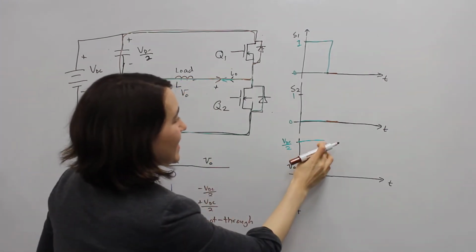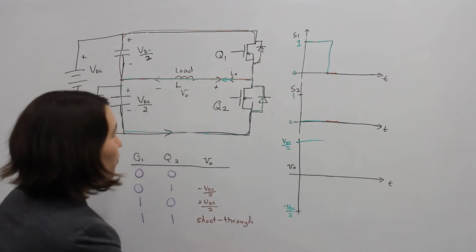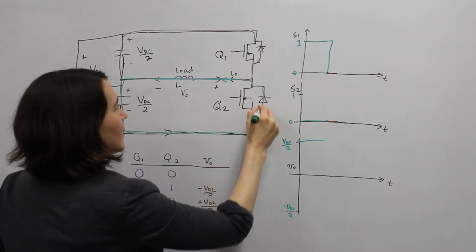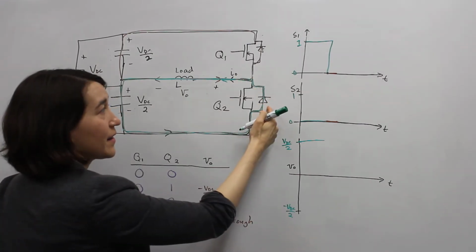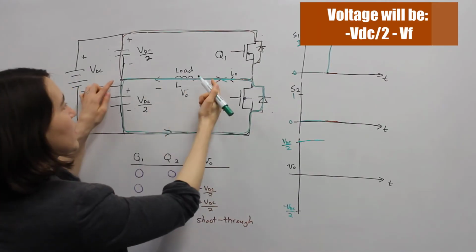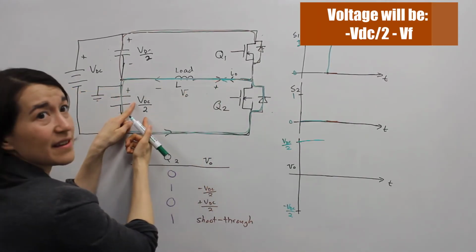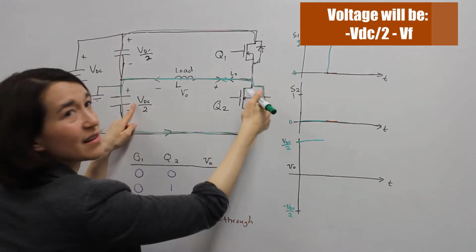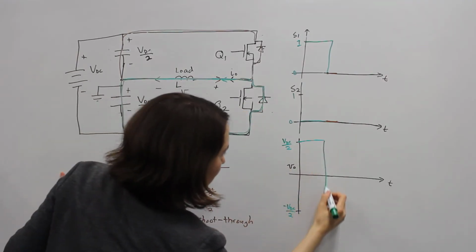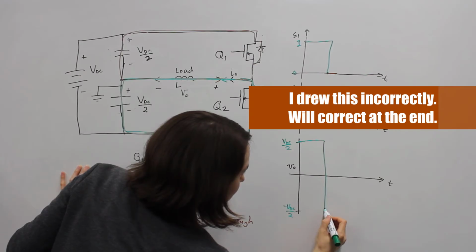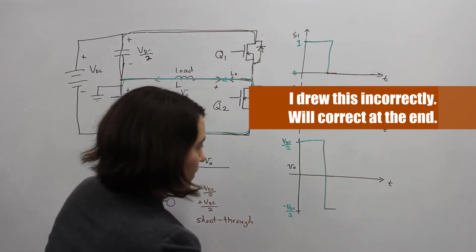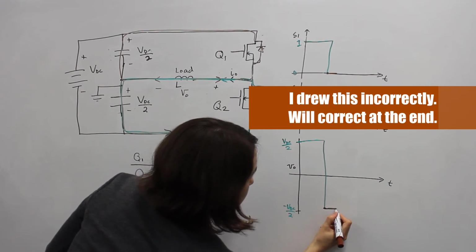So during this dead time, if the current is going in the green direction, the body diode is on, so there's a little bit of a voltage drop there, but not too much. But the voltage seen over the load is going to be this VDC over 2, just minus this little voltage drop. So negative VDC over 2, and then minus a little bit of a voltage drop, so maybe about here. So during that dead time, that's what we'll see during this period.